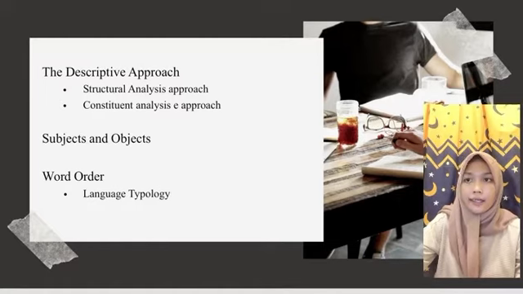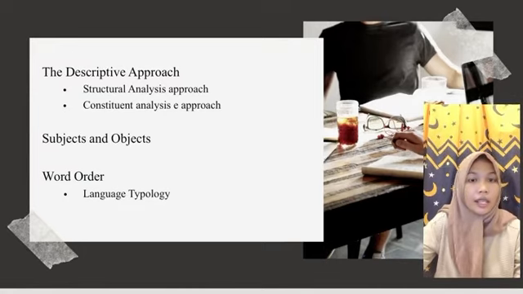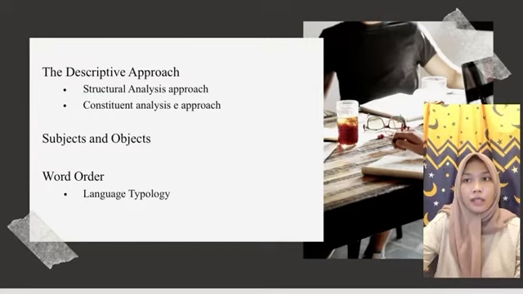And then subject and object. Use the terms subject and object to describe the different functions of a noun phrase in a sentence, because English uses the position in a sentence to denote a grammatical function. We can usually identify the subject as the first noun phrase before the verb and the object as the noun phrase after the verb.